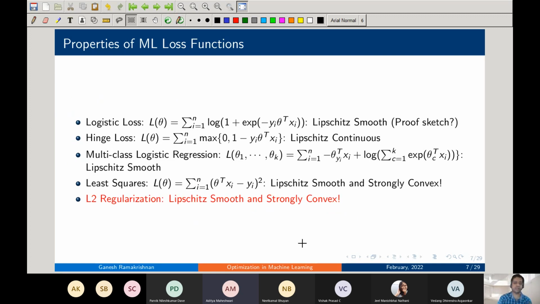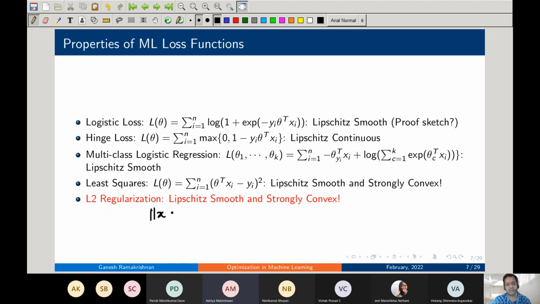Now we start looking at combinations. Before we look at combinations, we look at regularization. Okay. L2 regularization. Now by a similar argument, it's a very similar case to what we saw, f of t square. Now this t can be applied to a vector x, and that's what happens in L2 regularization.